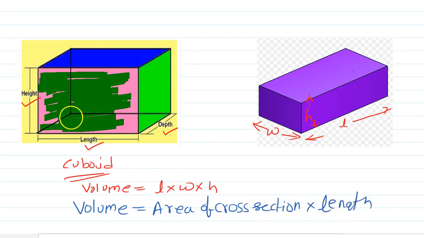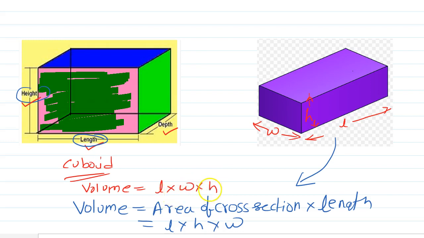Here the cross section is a rectangle with length L and height h, so it is L times height, and the length is W. So you get the same formula. Volume is area of cross section times length. This is another example of a cuboid, and we'll have the same formula.